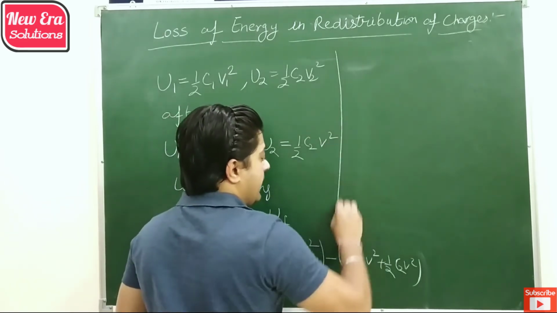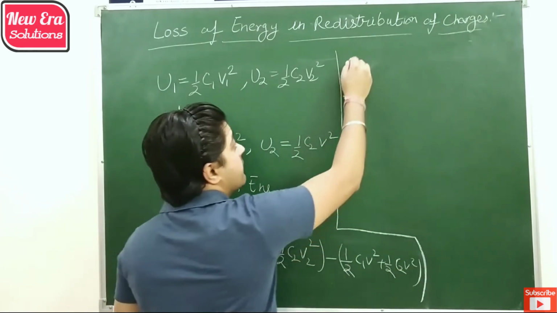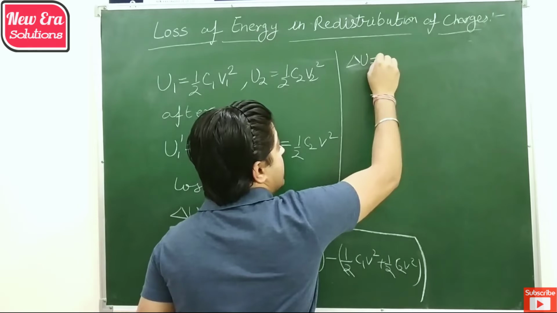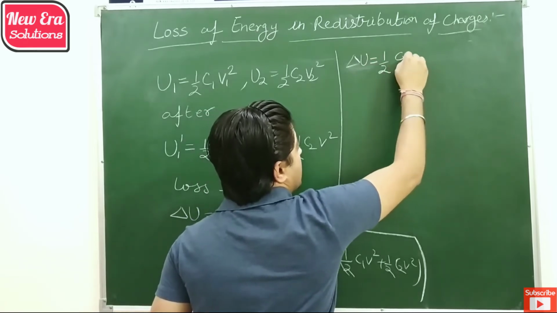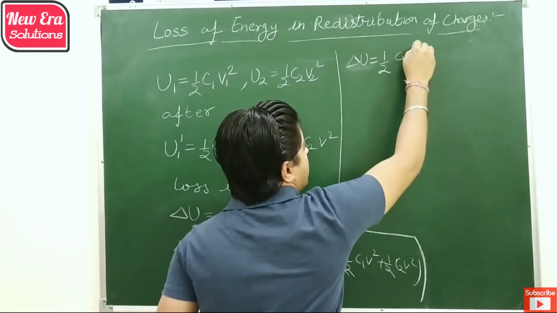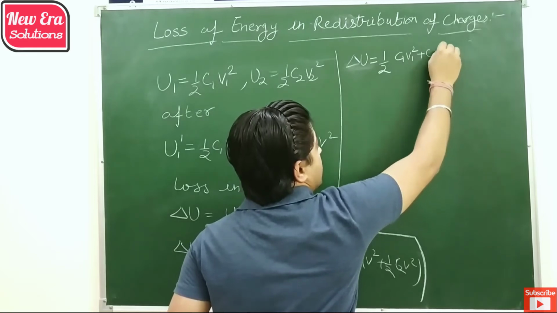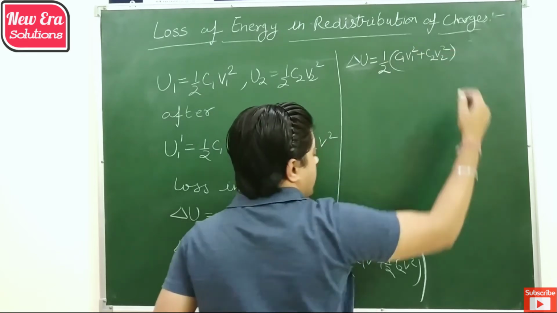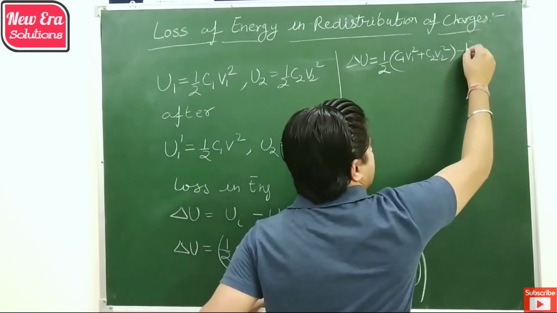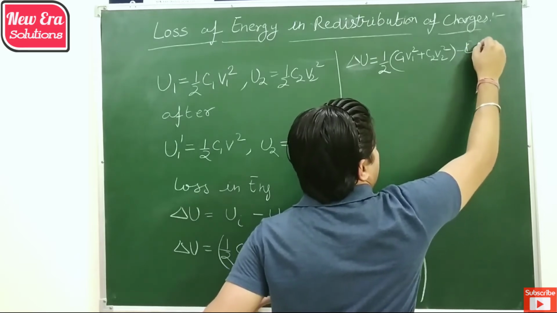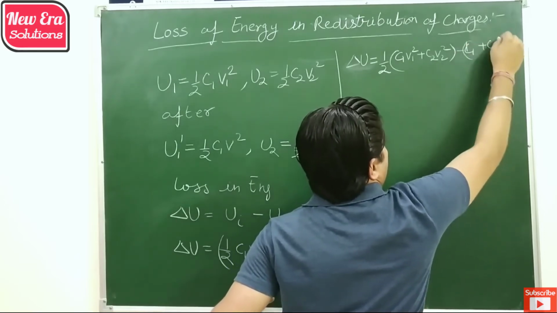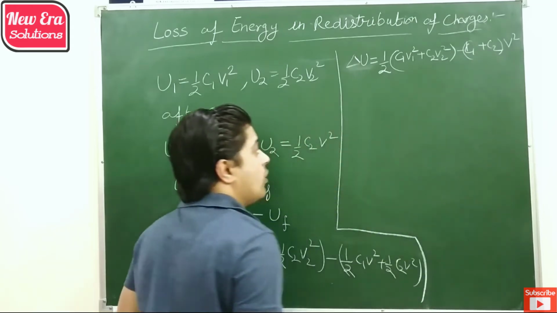By simplifying the equation, we get the change in energy is half, common, C1 V1 square plus C2 V2 square, minus C1 plus C2 V square, where V is the common potential.